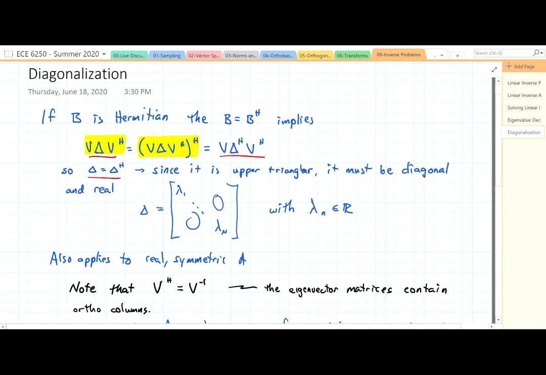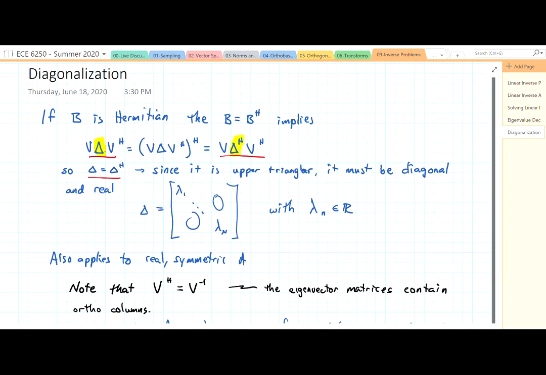Well, since these expressions are the same, except that we've got the Hermitian form of the upper triangular part, then for an upper triangular matrix to equal its own Hermitian, it must be diagonal and it must be real, since the conjugated diagonal terms must equal themselves.